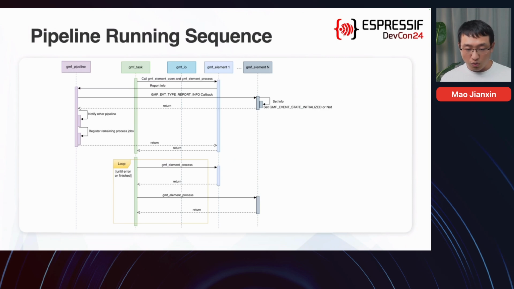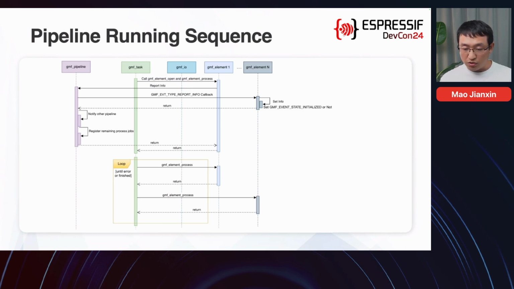After the pipeline calls run, it enters the running state. During operation, if an element emits an event, the GMF task will notify the pipeline. The pipeline will then notify all connected elements of the events. Each element uses the event information according to its own requirements.